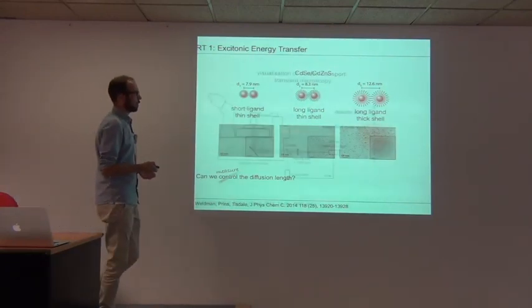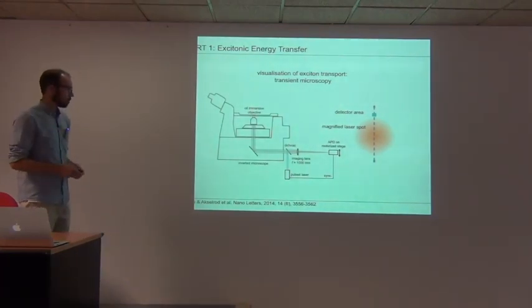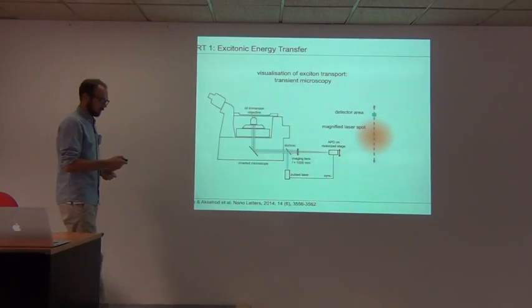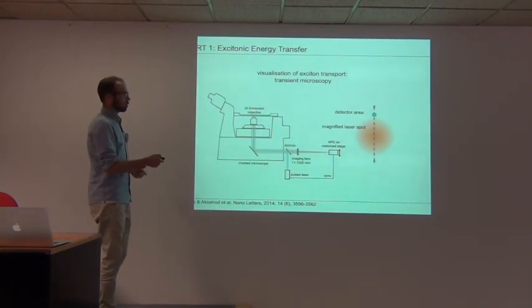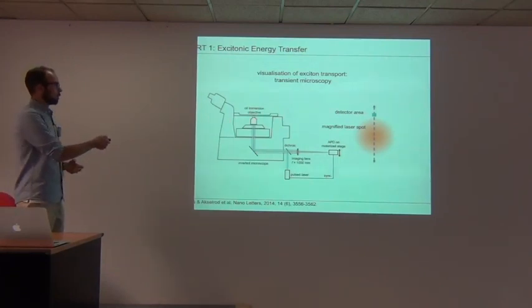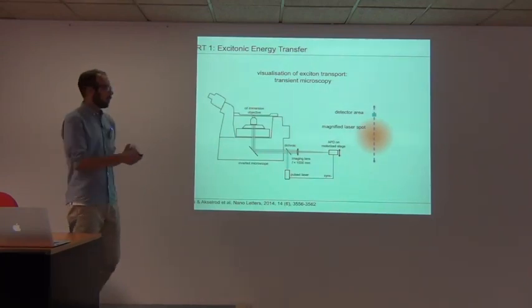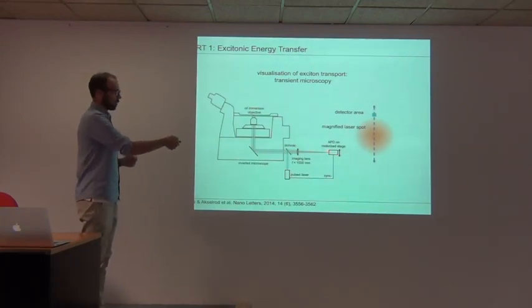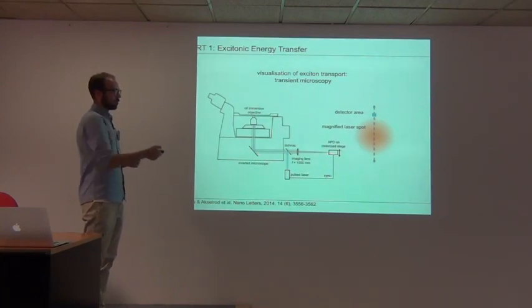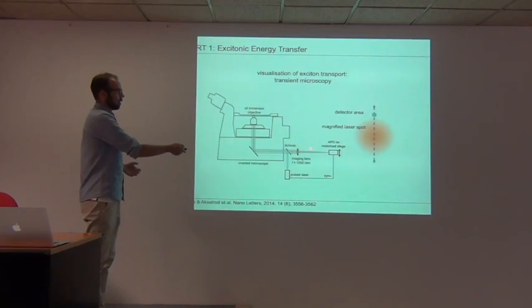So at the time, I was working with a bunch of colleagues at MIT, and my colleague, Gleb Axelrod, came up with a very clever idea. So what we did was to take an excitation laser, create a diffraction-limited excitation spot, and project the fluorescence that comes off of this spot, highly magnified, onto a lifetime detector.